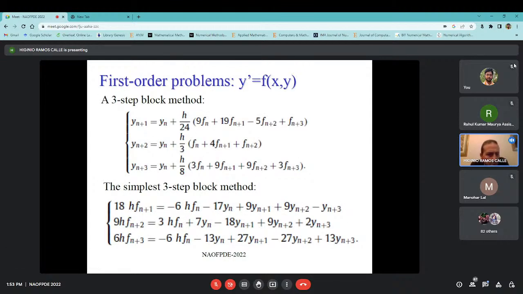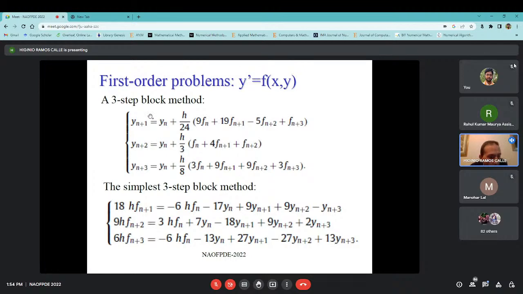The same approach can be used for the three-step block method. In this case, we consider xn, xn plus 1, xn plus 2, xn plus 3.